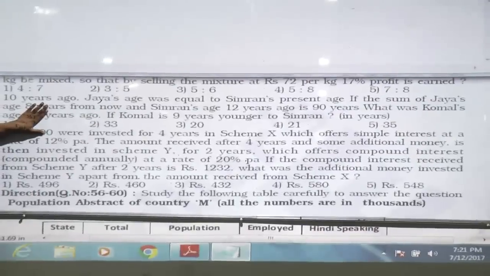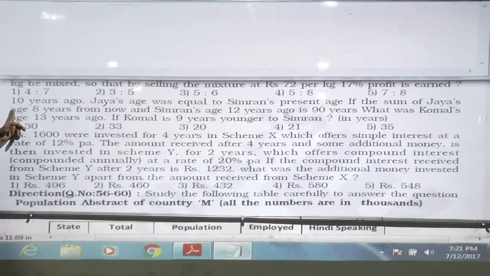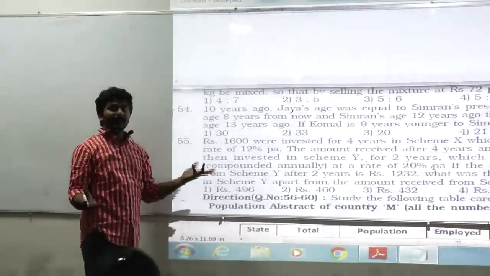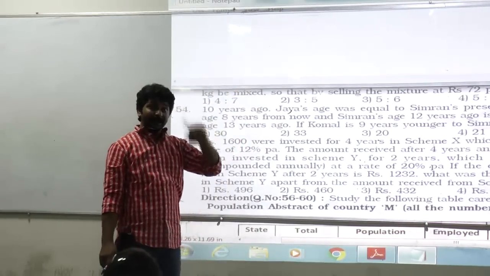Come on. 10 years ago, Jaya's age was equal to Simran's present age. So the age difference between these two persons is 10. When was that? Any time. The difference between the ages of Jaya and Simran should always be 10 years.